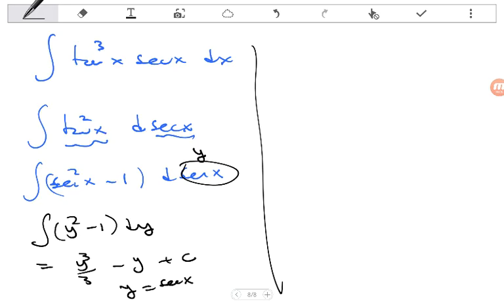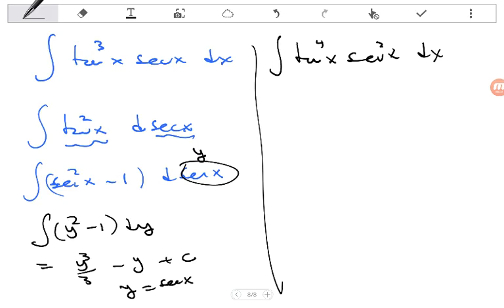Now, if I have the integration of tan power 4x sec squared x, I look for an odd power for the tan or an even power for the sec. Which case is this?